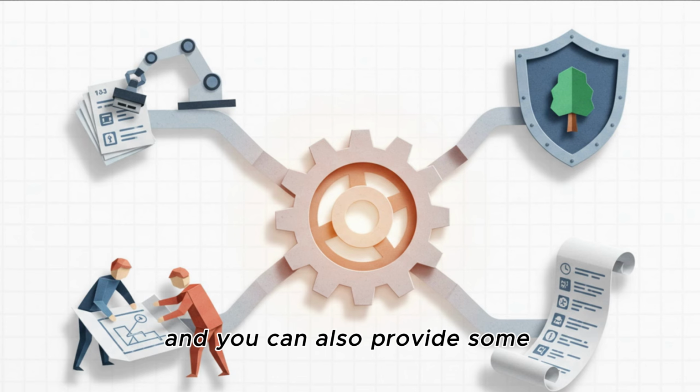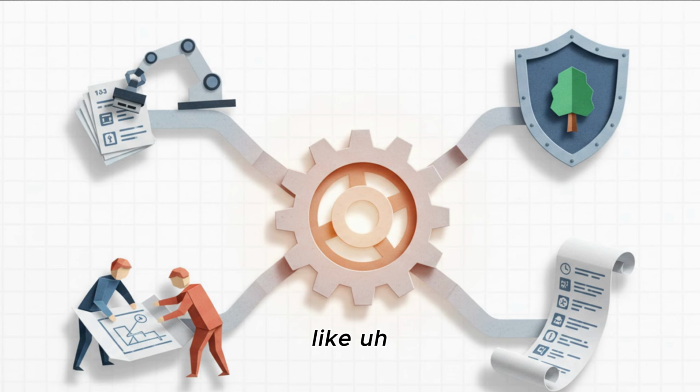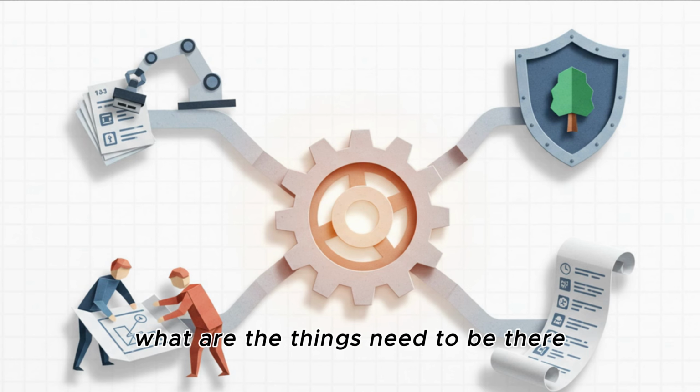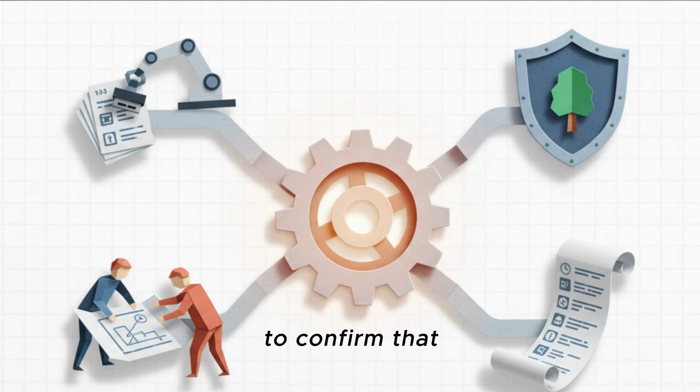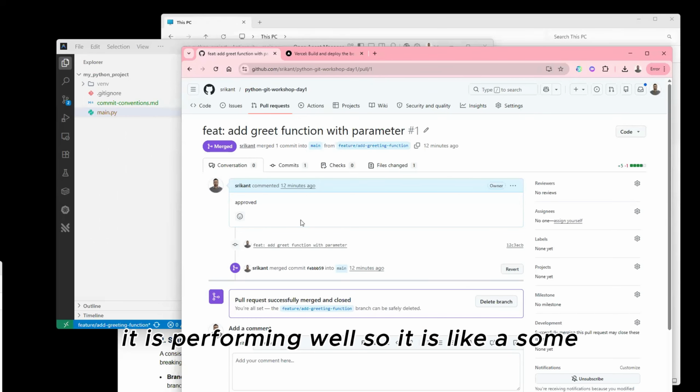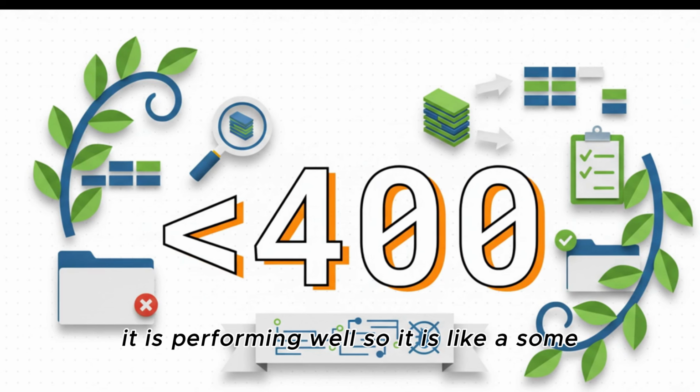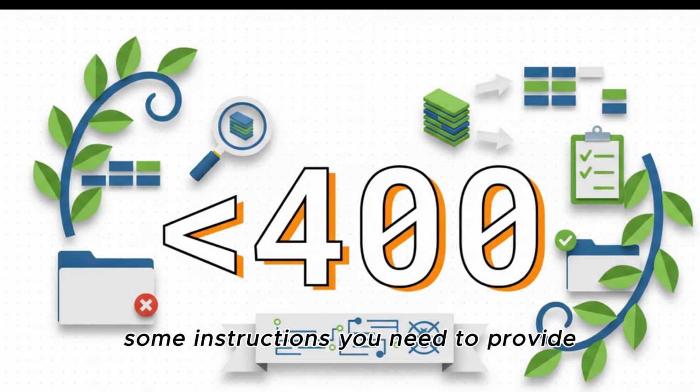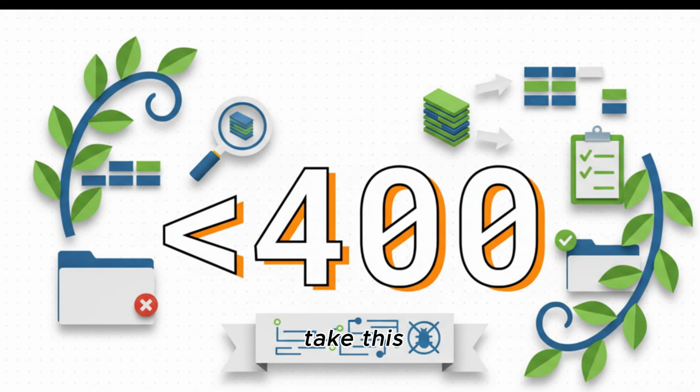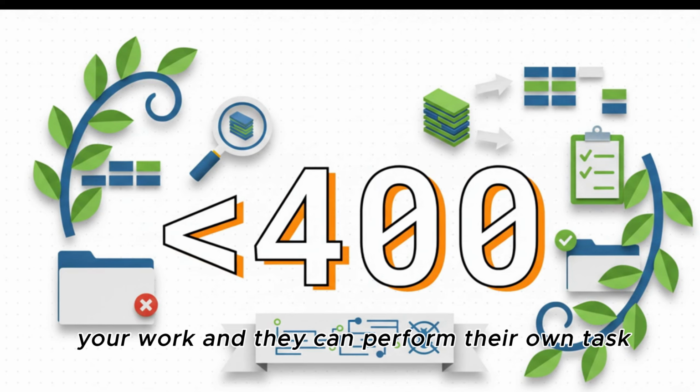And you can also provide a unit testing checklist, what things need to be there to confirm that it is performing well. So it is some documentation, some instructions you need to provide so that other developers can easily take your work and perform their own task.